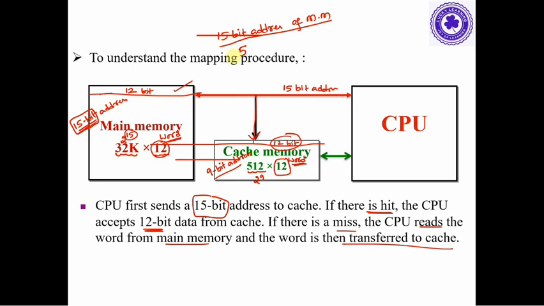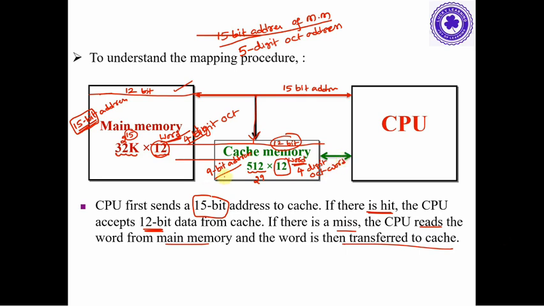So to address the main memory, we use a 5-digit octal address. And a 12-bit word can be represented as a 4-digit octal word. Here in the cache also, how many digits in the octal word? A 4-digit octal word.